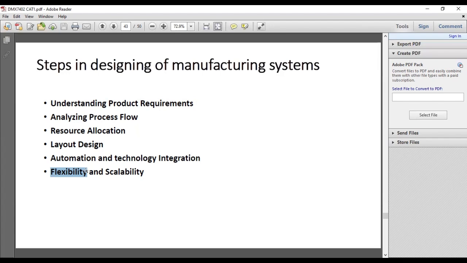So flexibility, like what the product types are, whether you have to change over and over, or you can maximize the production, or if the production volume is low, you can scale down or scale up likewise. So these are the basic steps that you should follow when designing a manufacturing system. You remember this because you will have a question like this.